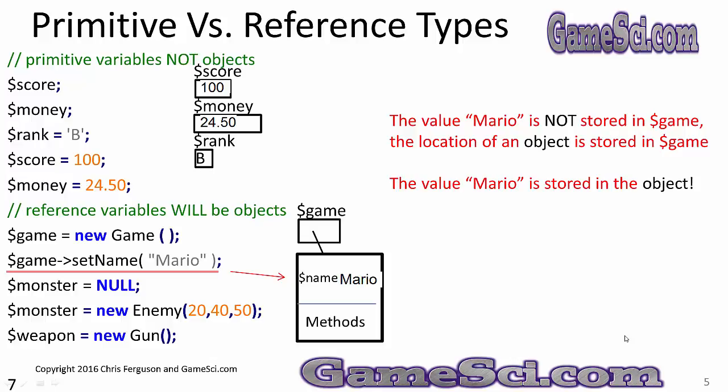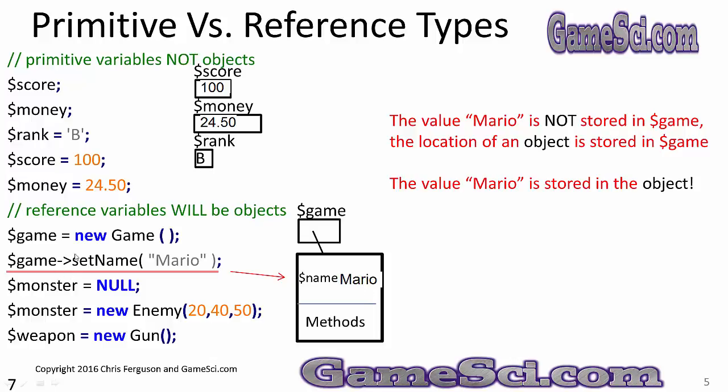The variable $game contains a reference to an object, and that's where Mario is going to be stored. So if you follow the arrow both here and here, go to the $game variable, which is this. The arrow says go inside that object. Go inside the object the game is pointing to. In this case, set name to Mario, and Mario shows up in the name variable.